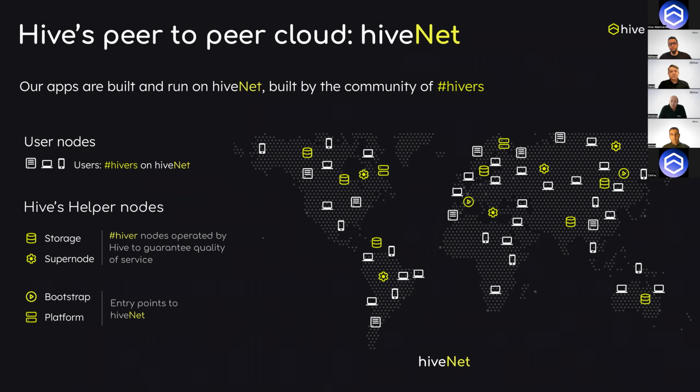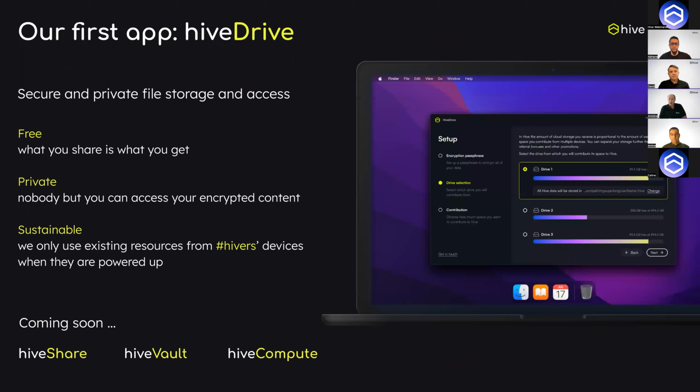As you will see, we will build multiple applications on hiveNet. The first one is called Hive Drive. Our first application, Hive Drive, is a secure and private file storage application. Like other cloud storage applications, you can store your files in the cloud. But with Hive Drive, in terms of resources, what you share is what you get.